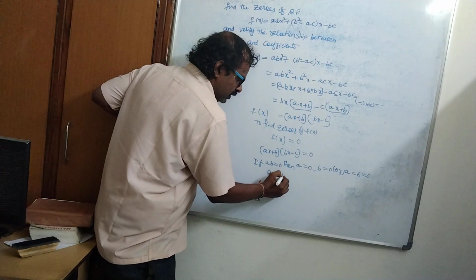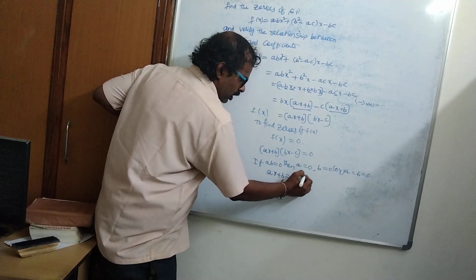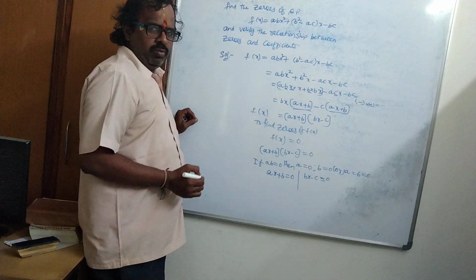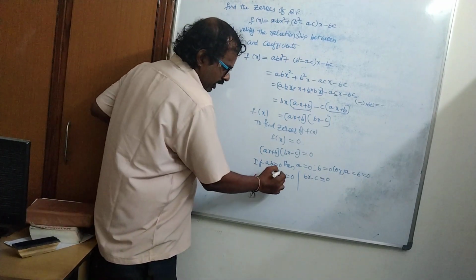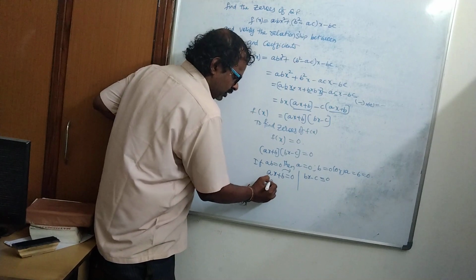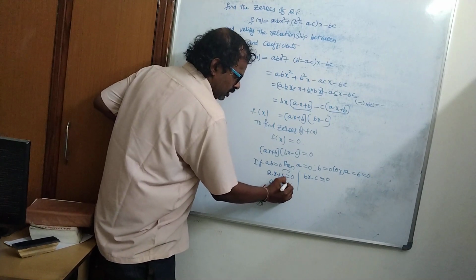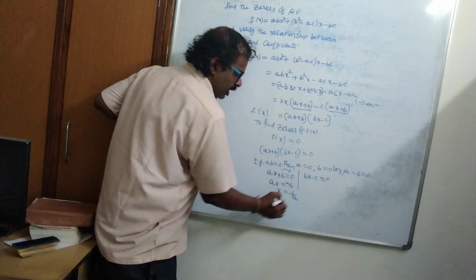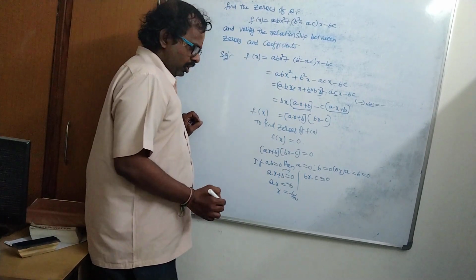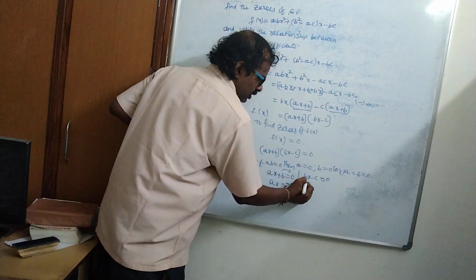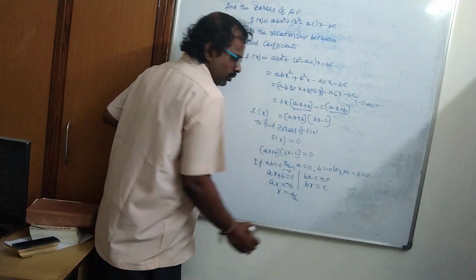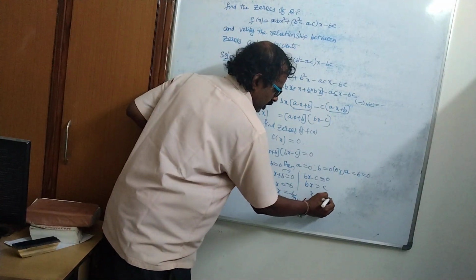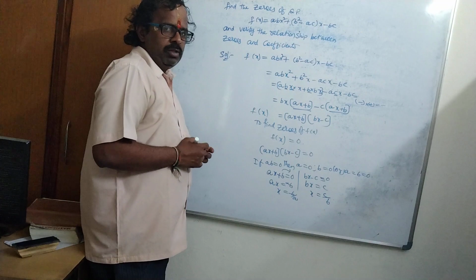So ax plus b is equal to 0, and bx minus c is equal to 0. Take this plus b to the other side: ax is equal to minus b, x is equal to minus b by a. Now take this minus c to the other side: bx is equal to c, so x is equal to c by b.